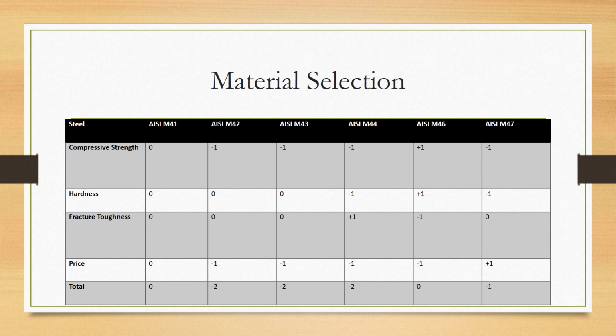So from these characteristics, we made a decision matrix for all the steels with the AISI M41 as a baseline, and we gave each steel a +1 if it exceeded its relative characteristic, and a -1 if it was worse than the relative characteristic. So from this, we can see that both the AISI M41 and AISI M46 have a total value of 0, which means we will further analyze these.